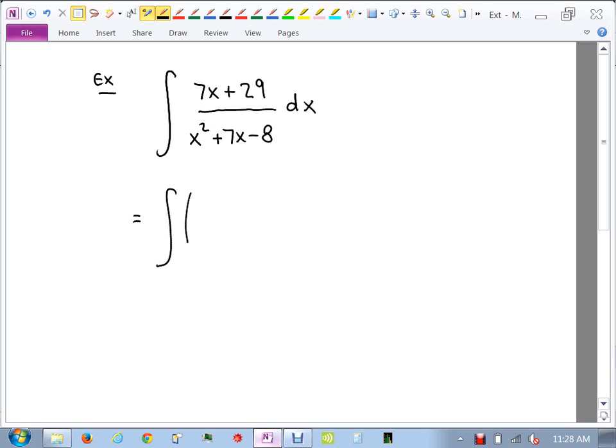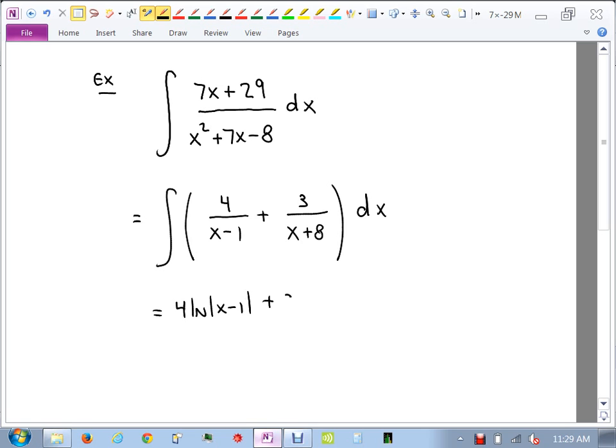So this integral actually turns out to be 4 over x minus 1 plus 3 over x plus 8, right? Is that correct? And now I can do what we just did at the beginning of class: 4 natural log of x minus 1 plus 3 natural log of x plus 8 plus c.